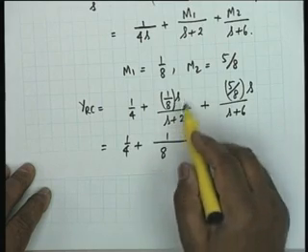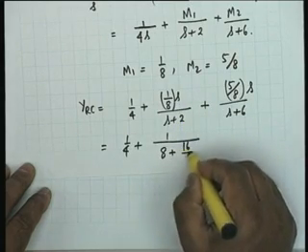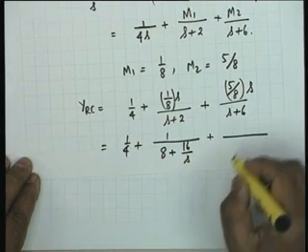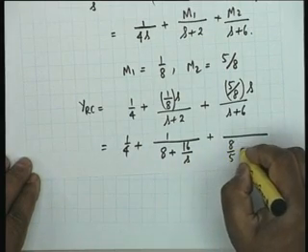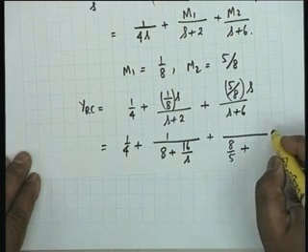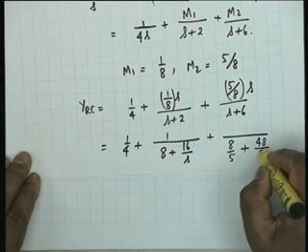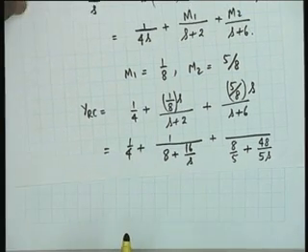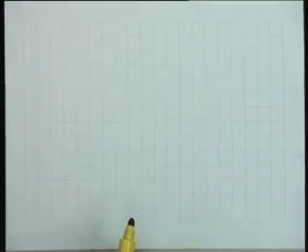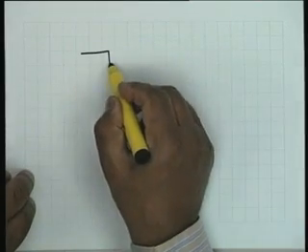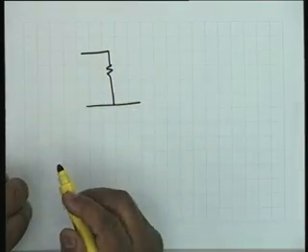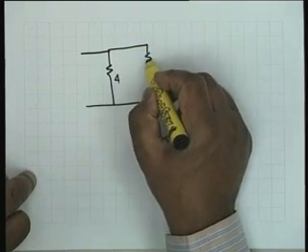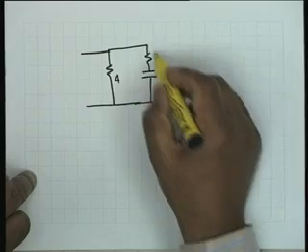So I get 8S plus 16 divided by S, plus, what do I get here? 8 by 5 plus 48 divided by 5S. Agree? And accordingly, now I can draw the Foster 2 network, as we always indicate resistance values. So this resistance would be 4 ohms, and then we shall have 2 RC series networks in parallel.